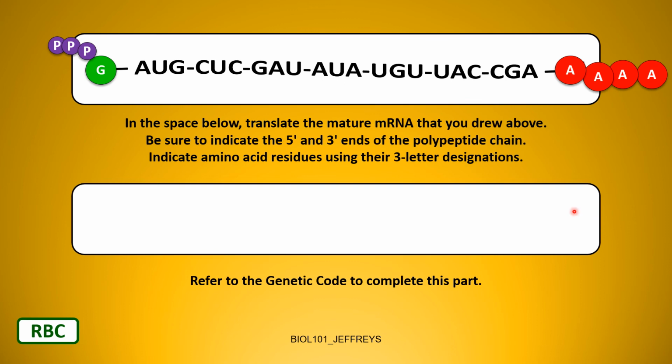Okay, and here it is again. So remember, in your mature message, you're going to get rid of the poly A tail, you're going to get rid of the GTP, and you're going to keep the 5' and the 3', and you just translate it right down the line.